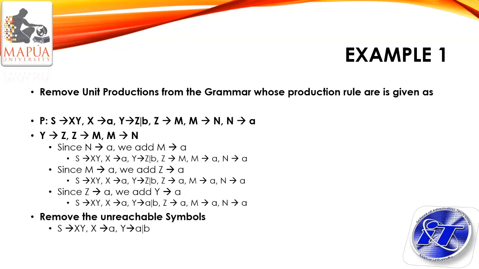Now we only have three rules in our production rules: the start symbol, X non-terminal, and Y non-terminal. This will be the simplified production rule.